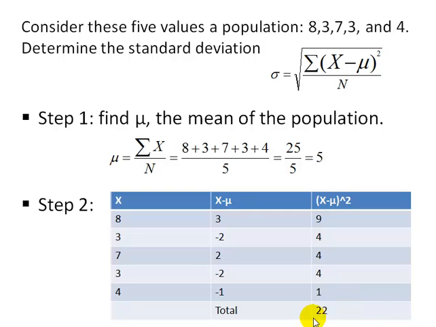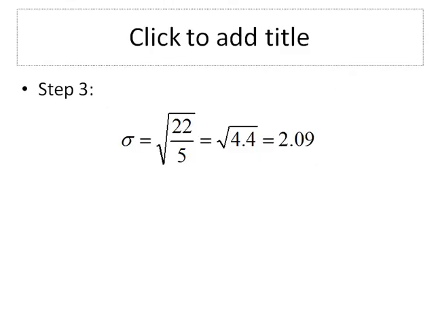We get 22. Put it here and divide by the number of values, 5. Then take the square root. We get sigma of 2.09 for this population. That is the standard deviation for this population: 2.09.